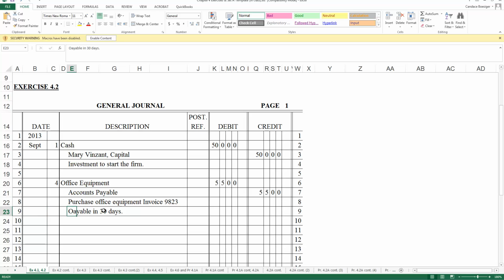And I am having a heck of a time spelling today, so I apologize for that. Payable in 30 days. So now we know which two accounts are affected. The debit always goes on top and is right against this line, and the credit always goes second, and it is always indented. Always, always, always.